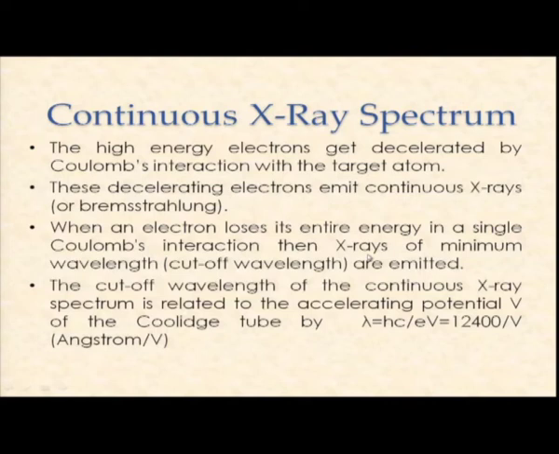Coming to the X-ray spectrum, two types of X-ray spectrum are there. Continuous X-ray spectrum: the high energy electrons get decelerated by Coulomb interaction with the target atom. These decelerating electrons emit continuous X-rays, as I told, the German term Bremsstrahlung, which means breaking radiation.